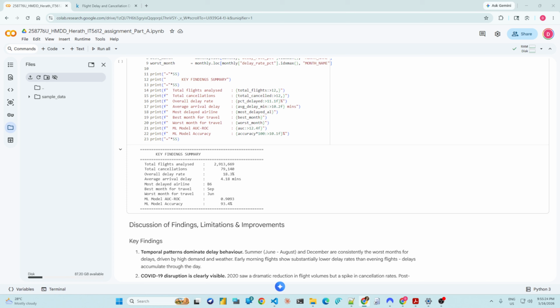So possible improvements include integrating weather data from the same areas, applying time series forecasting, and then deploying on a proper multi-node cluster, something like Databricks.